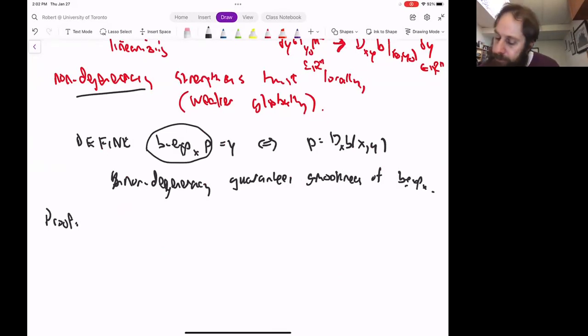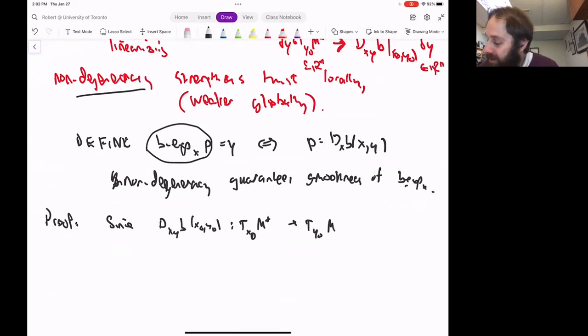So I'm going to basically choose, since the mixed derivative of b at x naught, y naught, you can think of this as a mapping from the tangent space. You can think of it as a mapping in several different ways, and I don't care that much which way I'm thinking about it.